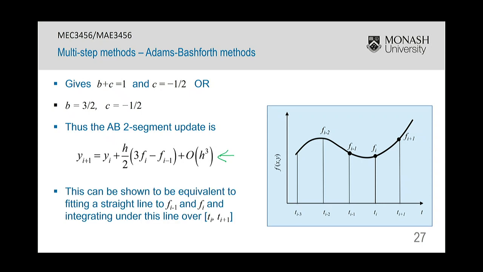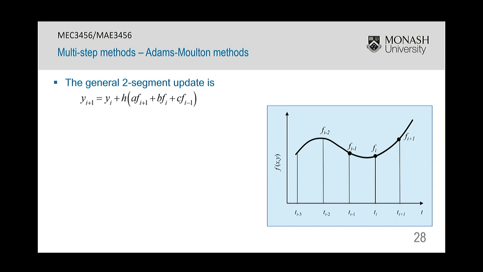This can actually be shown to be equivalent to fitting a straight line between f i minus 1 and f i, those 2 points there, and integrating this line over the final segment. So you can see that the Adams method is different to the Newton-Cotes method in that we're only integrating over this last interval, even though we're using earlier information to fit a function. That's the fundamental difference with the Adams methods.